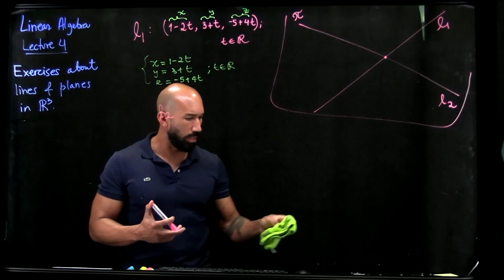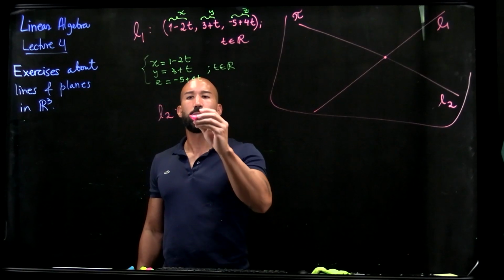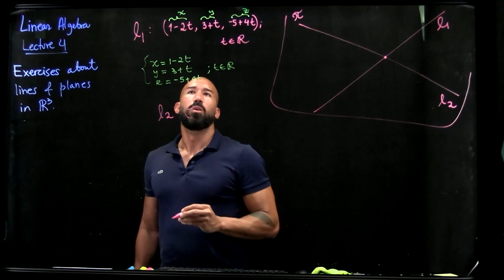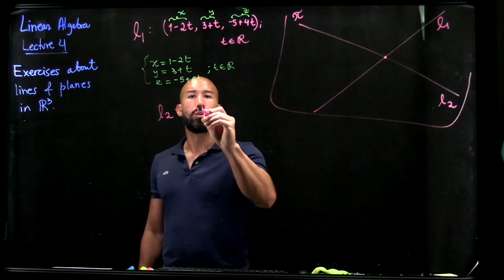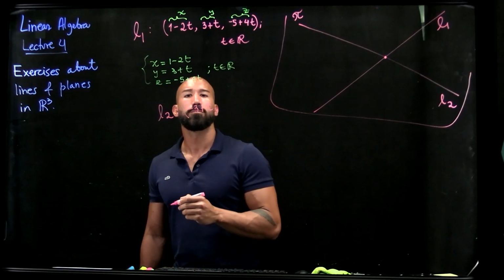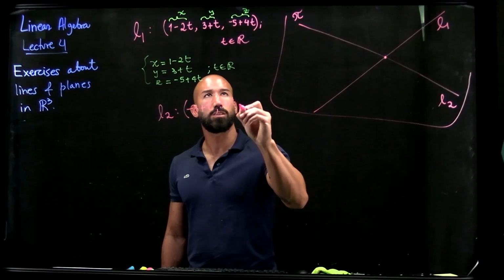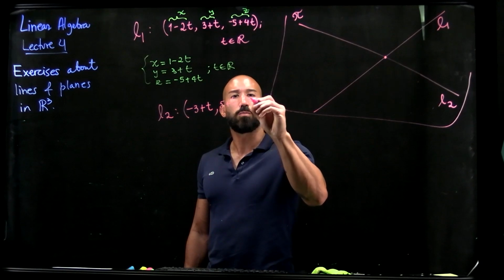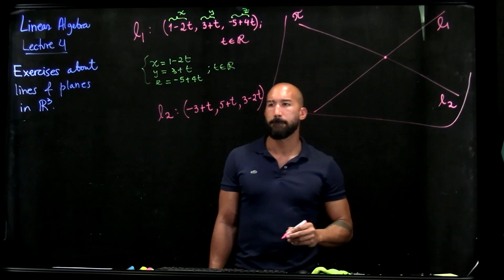And let's say that the equation for L2 is gonna be (minus 3 plus t, 5 plus t, and 3 minus 2t). Okay?